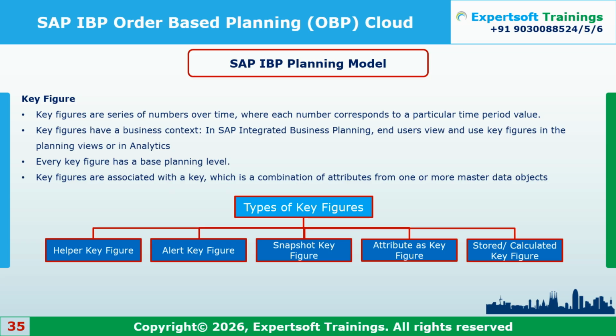Now in IBP, along with the versions, we have simulations and we have scenarios as well. Do you remember what the purpose of each is? In which cases will we use the scenario and in which cases the simulation? Any idea? Scenarios can be created on the fly, so if we just want to check the alternate results.